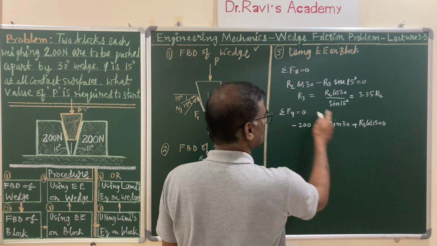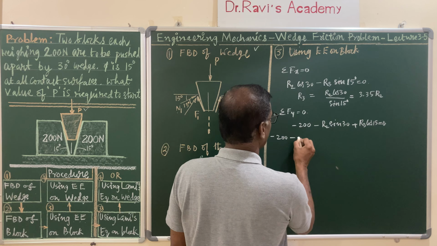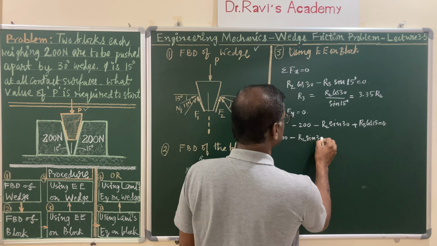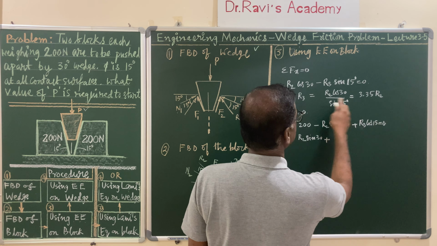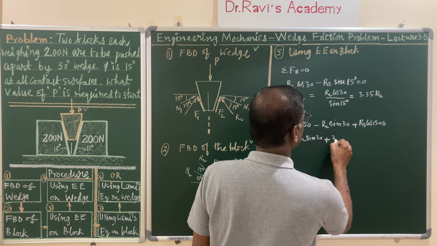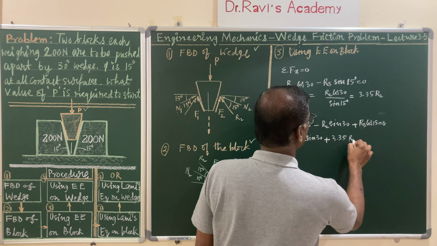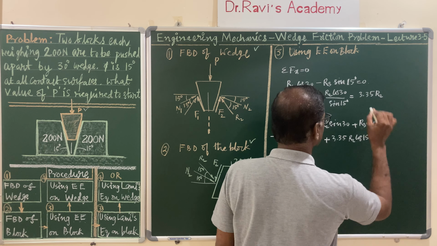So substitute the R3 value into this: minus 200 minus R2 sine 30, plus 3.35 R2 into cos 15, equal to 0.